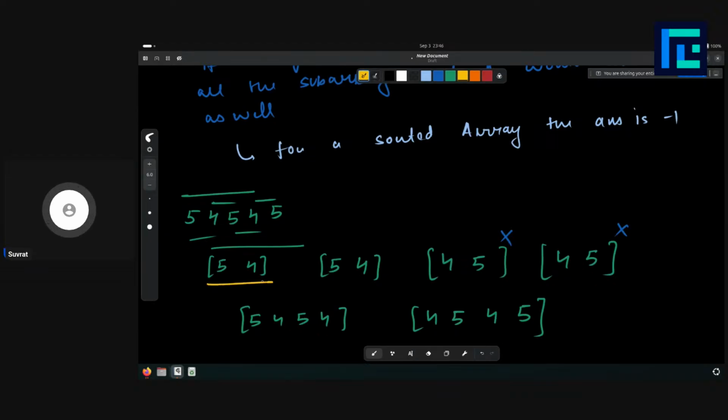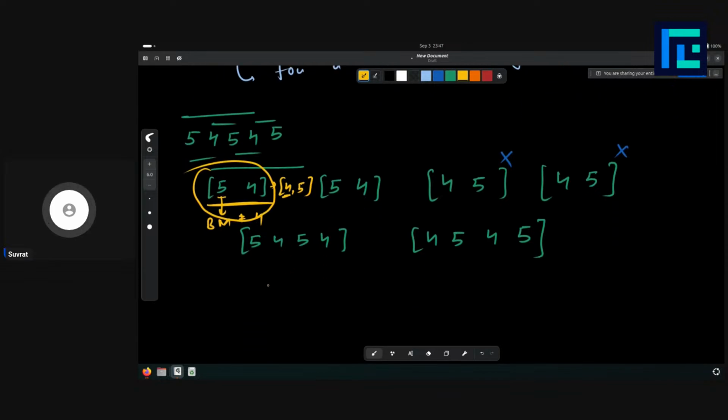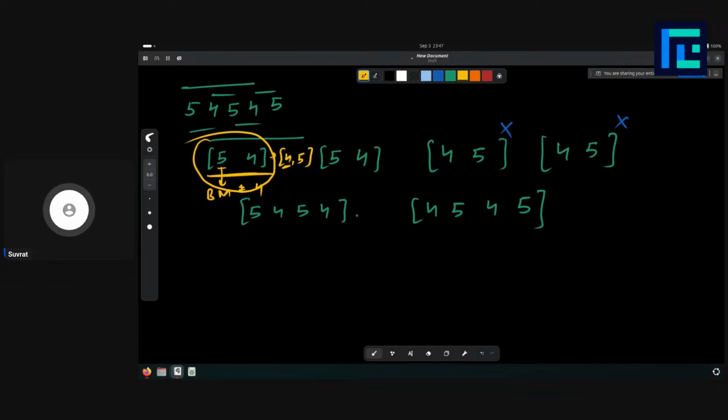So let's see this test case. The first element would be Bm, and after sorting it will look like 4 5, and this would be the median. Bm is not equal to the median, so this would be a valid answer. Now let's look at this subarray.